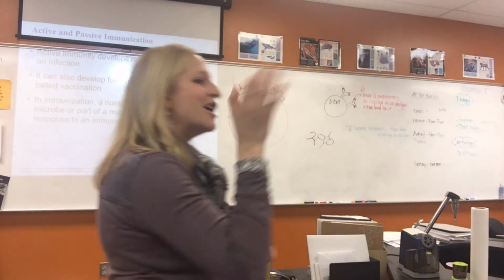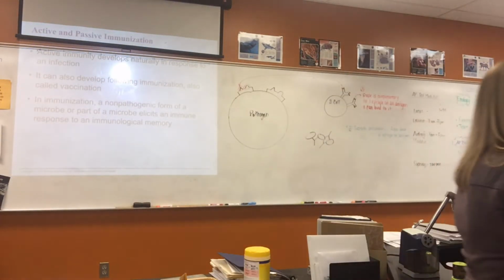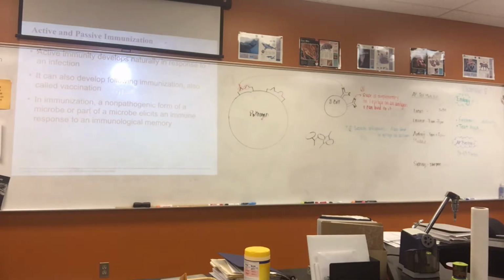But the key is that during your primary immune response, you make memory cells. So the next time you come into contact with the bacteria or virus in your everyday life that is harmful, you launch an attack very quickly, because that would be your secondary immune response. And remember when we looked at that graph, the secondary immune response is much faster and much more enhanced. You produce a lot more antibodies and so on, and so then you don't get sick as a result of coming into contact with that same bacteria or virus.